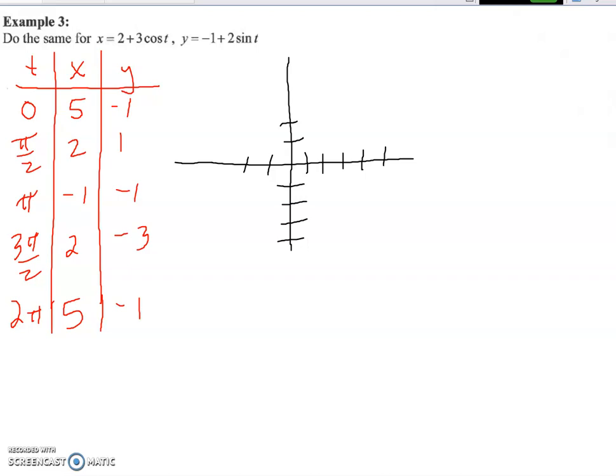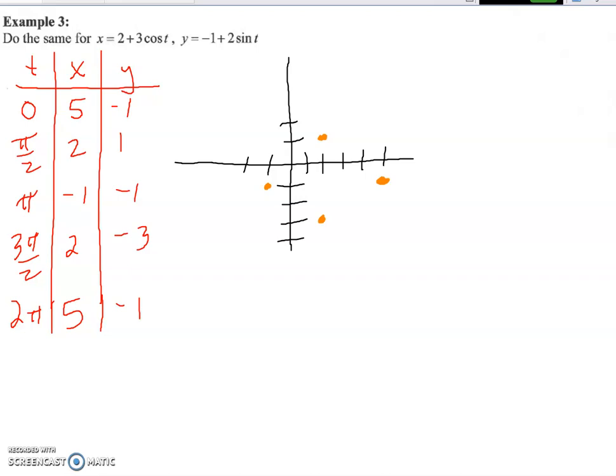So I've got the point 5, negative 1, and just remember that that was our starting point. We're going to plot 2, 1. We're going to plot negative 1, negative 1. Then 2, negative 3. And then 5, negative 1 takes us back to where we started.